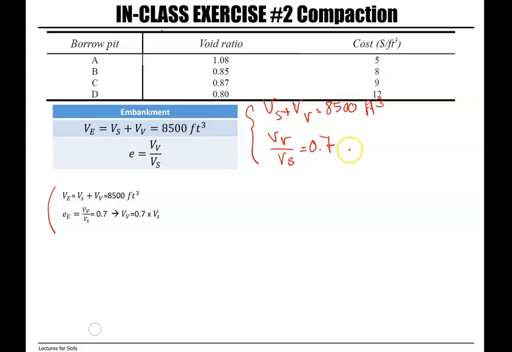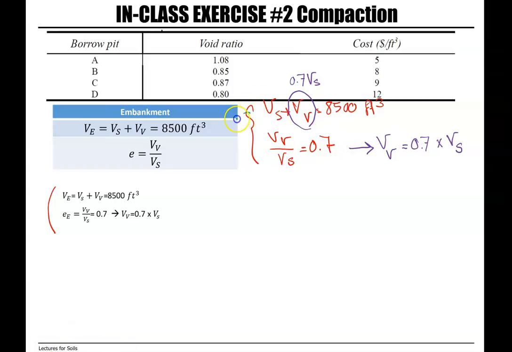We rearrange the second formula. Volume of void is equal to 0.7 times volume of solids. And instead of volume of void here, we put 0.7 volume of solids.